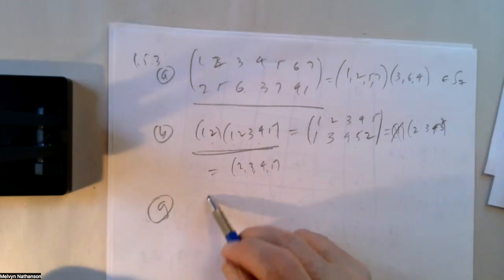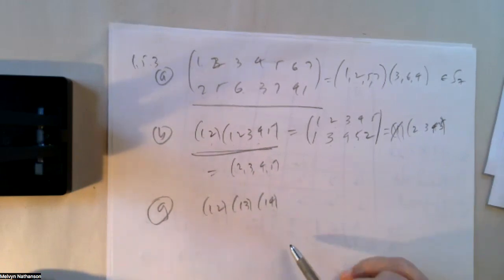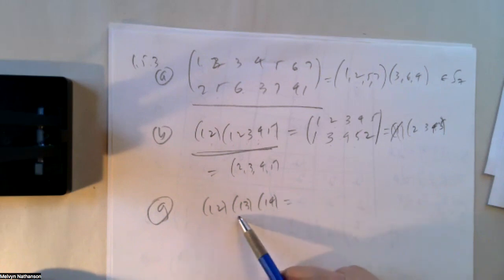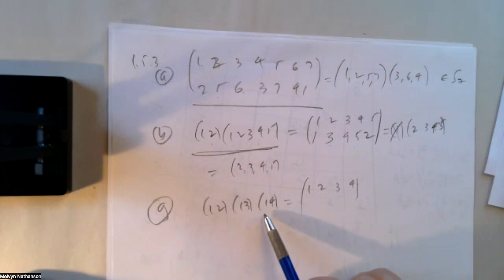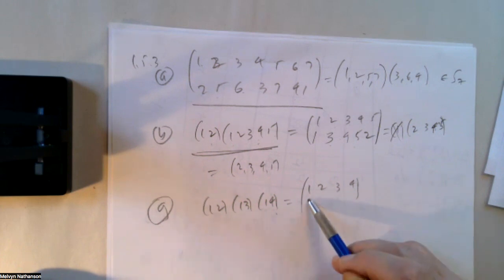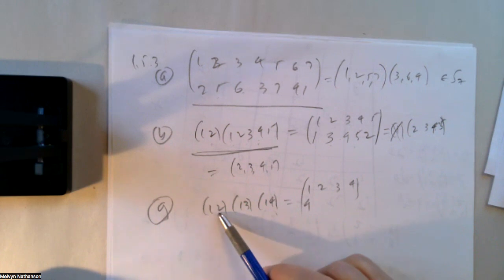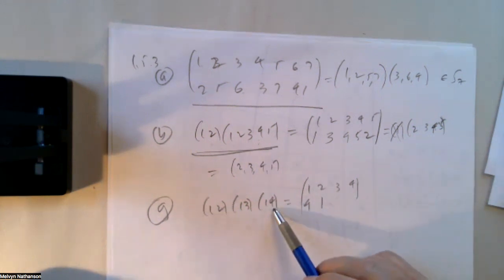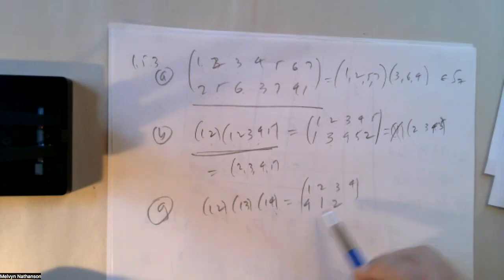Let's look at part C. C is (1 2)(1 3)(1 4). So this is some permutation of 1, 2, 3, and 4. And see, they're not disjoint. This sends 1 to 4, to 4, to 4. This sends 2 to 2, to 2, 2 to 1. This sends 3 to 3, 3 goes to 1, 1 goes to 2.